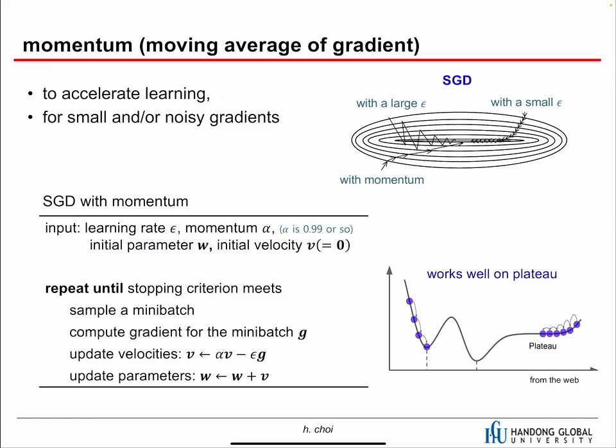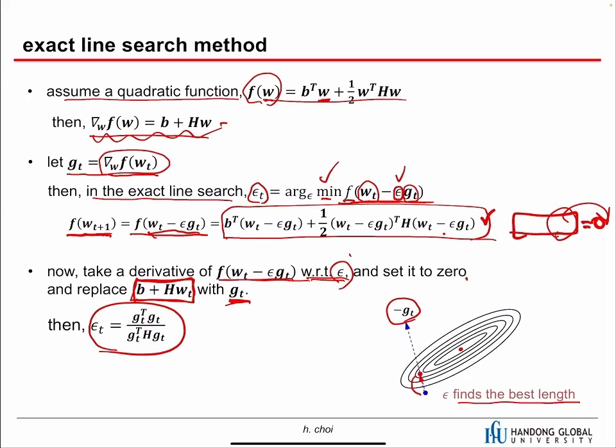But the line search method is not used most of the time because it involves this Hessian, and we don't like the Hessian that much when the parameter is in a high dimensional space. So instead of using this exact line search, we come up with some simpler ideas.